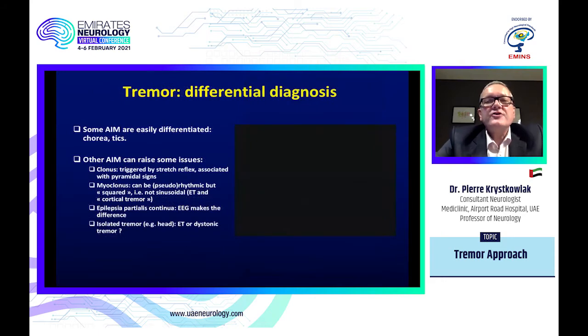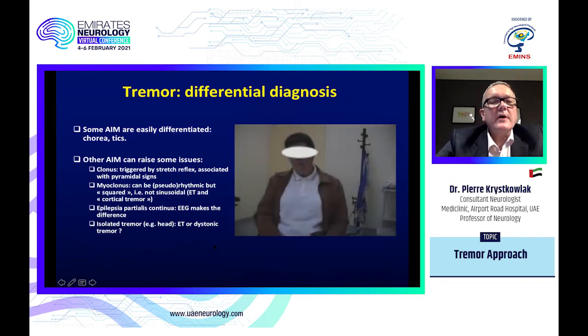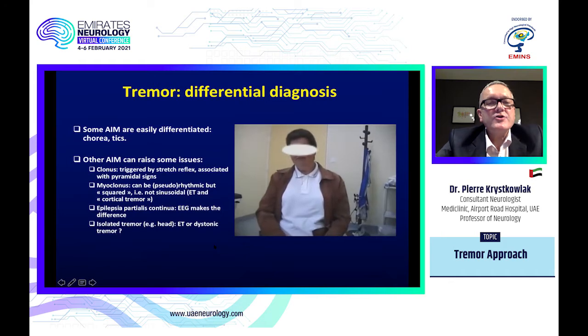What are the differential diagnoses of tremor? So most other abnormal involuntary movements are easily differentiated, like chorea or tics and so on. But some other abnormal involuntary movements can raise some issues.